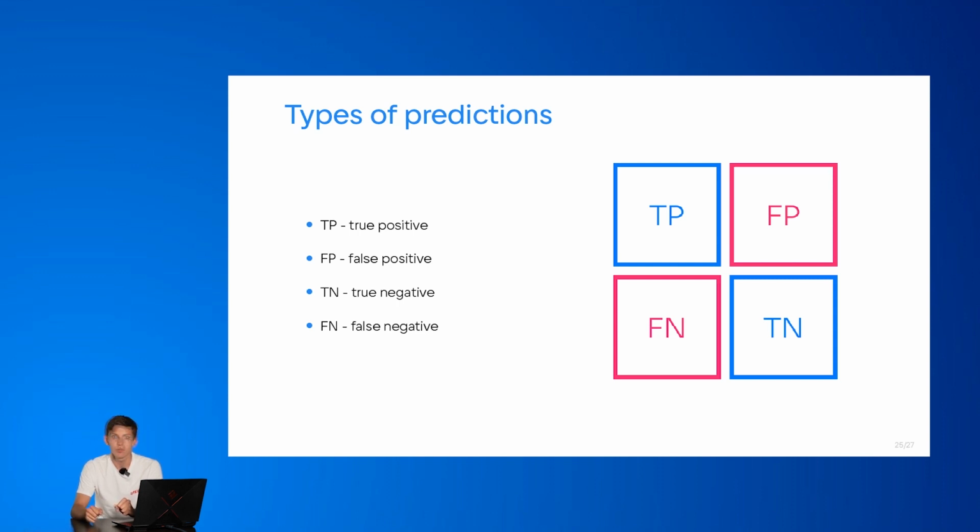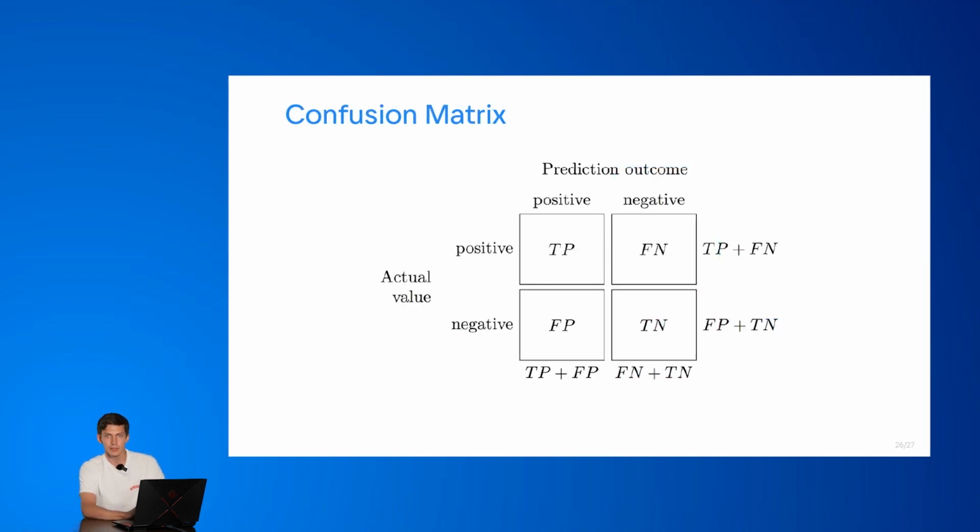True negative describes the situation when there is no object in a picture and the model confirms this information. And the last one, false negative, is about the situation where there is an object in the picture, but the model denies this information. Using these types of points, we can understand how good our training process was.